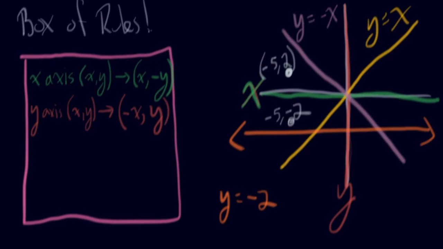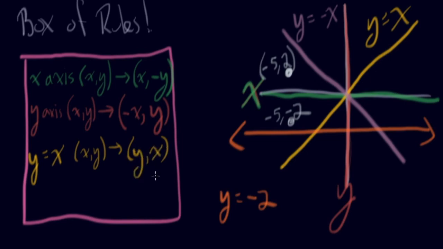Moving right along, let's say you had across y equals x, the classic line of y equals x. What will happen to our coordinates? Well, if you're going across y equals x, you're basically switching your coordinates.